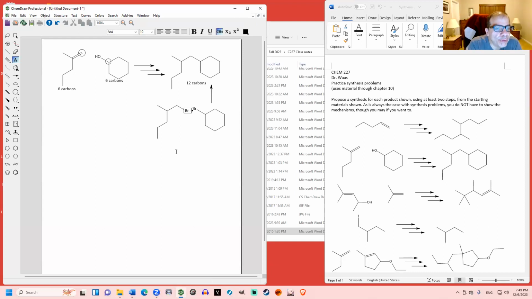We need to get those two bromides from this alcohol and this alkene. And once we do that, we can convert either of those two bromides to the alkyl lithium and then to the cuprate, just like we did before. This actually will be somewhat earlier in the synthesis.